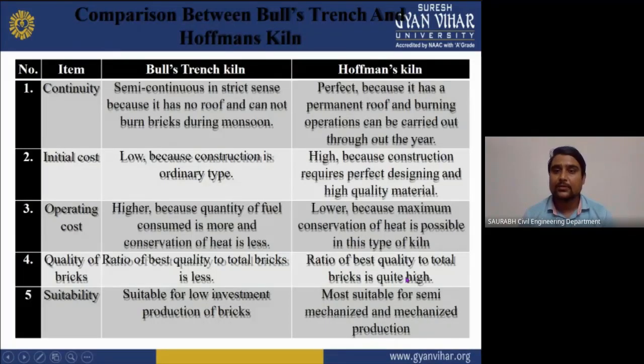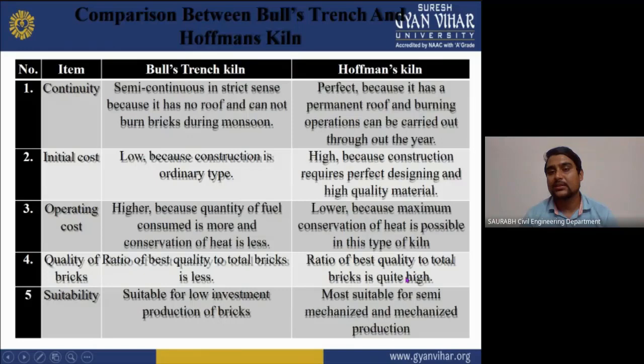Now the comparison between Bull's trench kiln and Hoffman's kiln. There is also some difference between them. First we will see the continuity. Bull's trench kiln is semi-continuous in the strict sense because it has no roof and cannot burn during the monsoon.